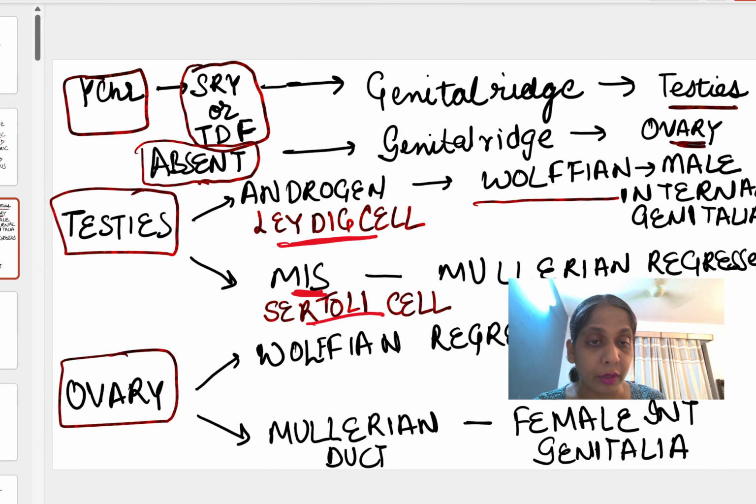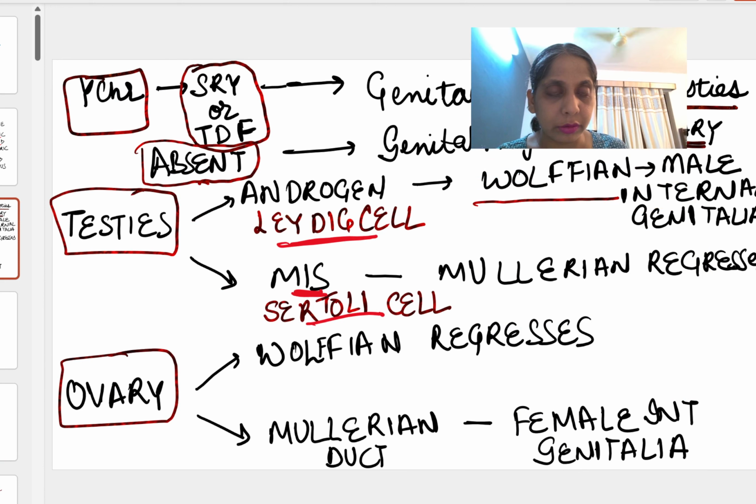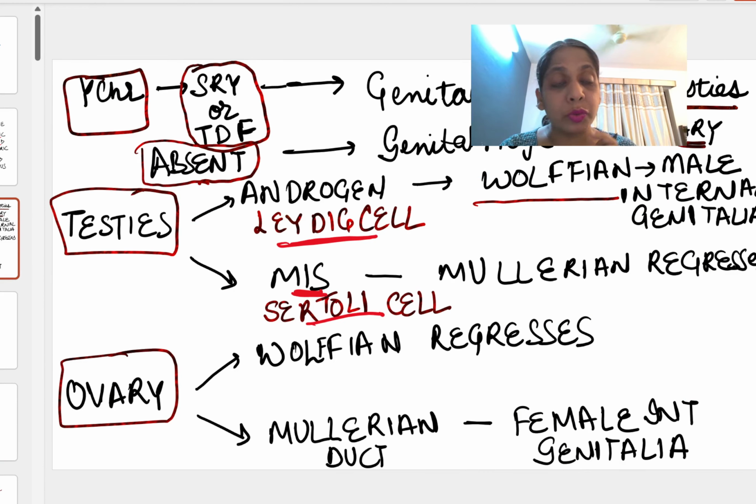Now what happens to the genital ridge which has become ovary? In that genital ridge, there will be no testosterone.